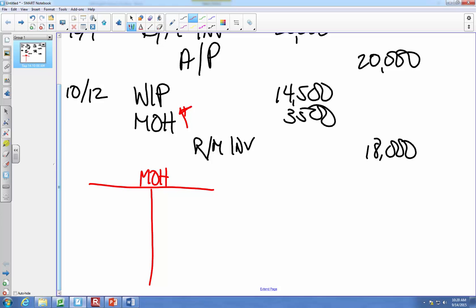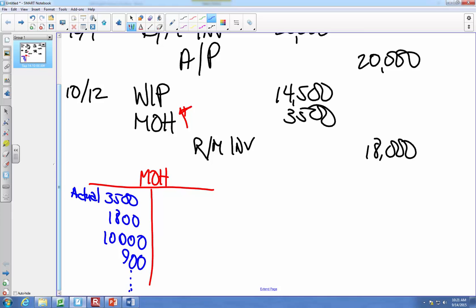What kinds of things am I going to see on the debit side of manufacturing overhead? What just happened right here that was on the debit side? Yep, all my actual stuff. Indirect material, indirect labor, property tax bill for the year, monthly depreciation.